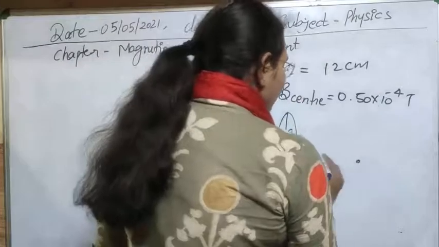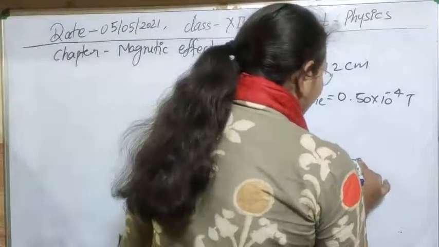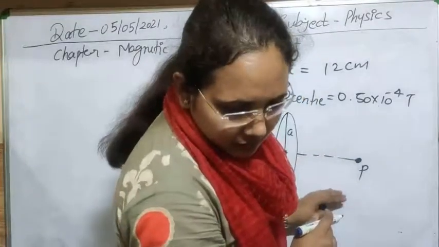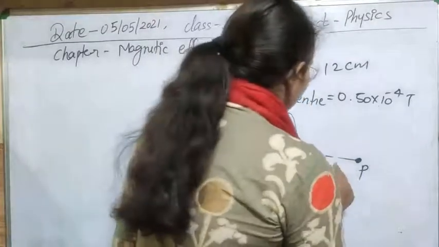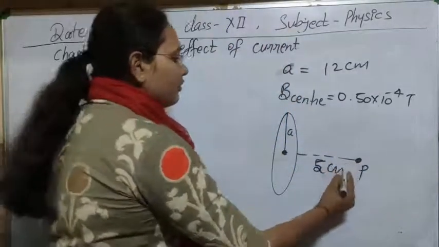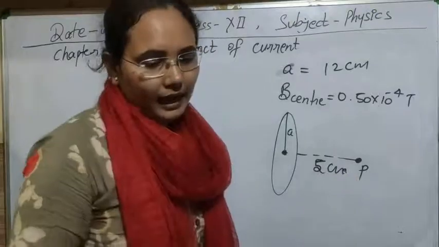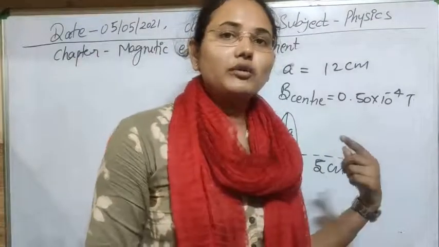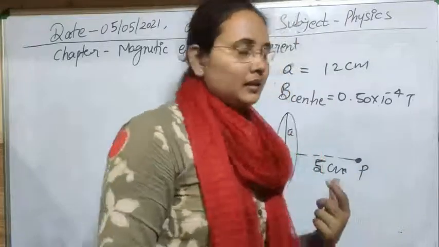Now we have to find the magnetic field at the point P, which is 5 centimeter away from its center. So we have to find the axial magnetic field here.